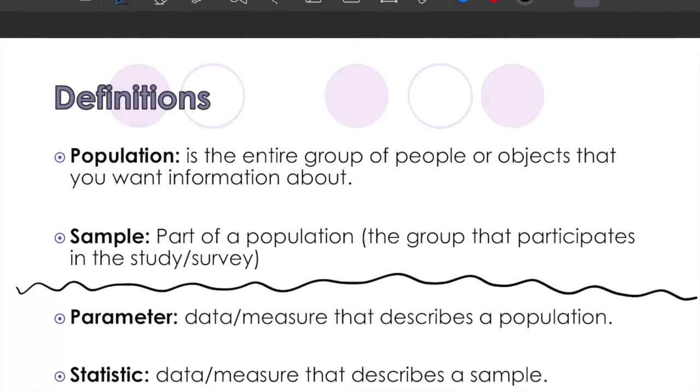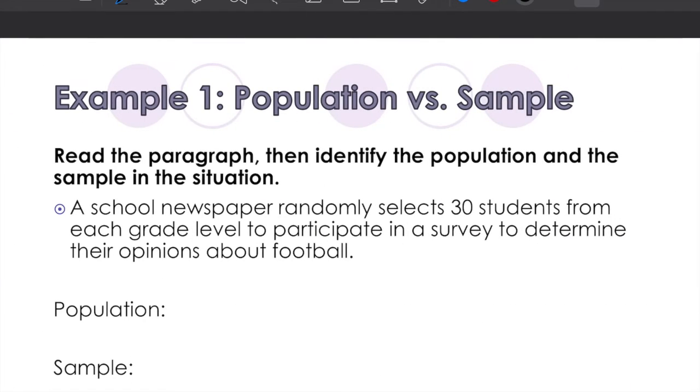In some toothpaste commercials, you'll hear 4 out of 5 dentists recommend Colgate. Well, that 4 out of 5 dentists would be a statistic because that's just the 5 dentists that they asked. Versus who were they trying to find information about in that study? All the dentists. So that would have been a parameter. But since they didn't ask all the dentists, the 4 out of 5 is a statistic.